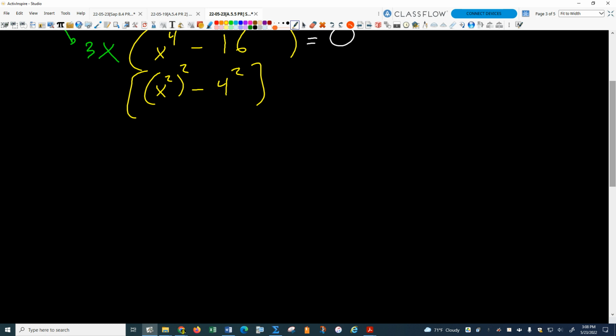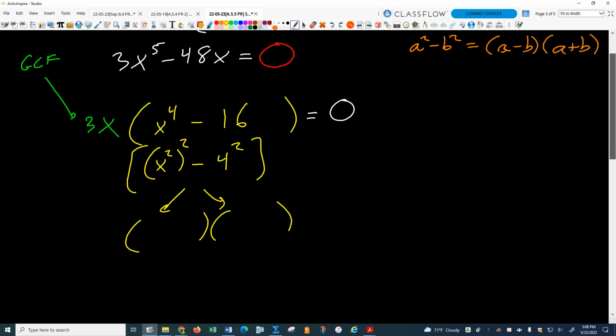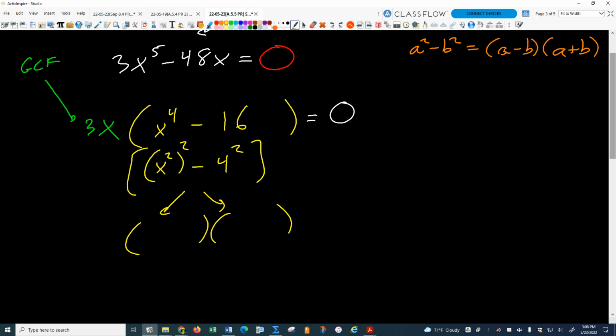So how is that going to factor? Sam, how's that going to factor? And again, here's our pattern, right? So how do I factor that difference of squares, the yellow difference of squares? These are x squared though, right? Because look, my a is an x squared. I get a squared is x squared squared, right?